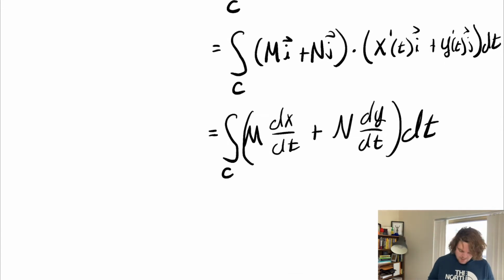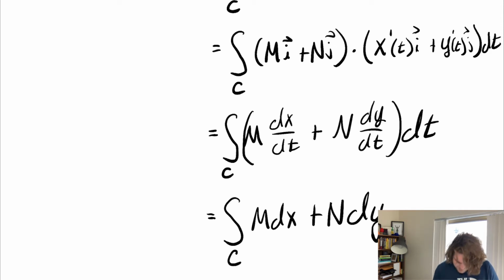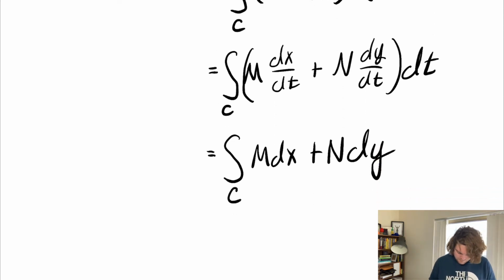We can clean this up a little bit and write this as the integral over our curve C of m dx plus n dy. And this is what we're going to call the differential form of a line integral.